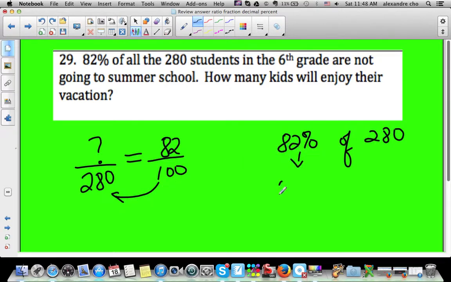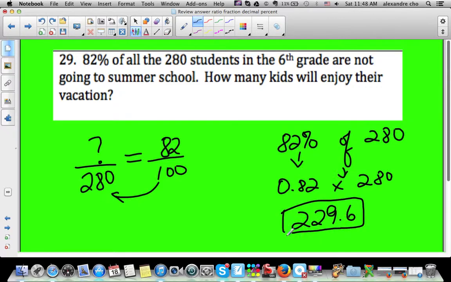Here, 82% would be 0.82, of means times, and 280. So 0.82 times 280 gives you 229.6 kids. You can't have 229.6 students, so you would probably round this off when talking about people to 230.